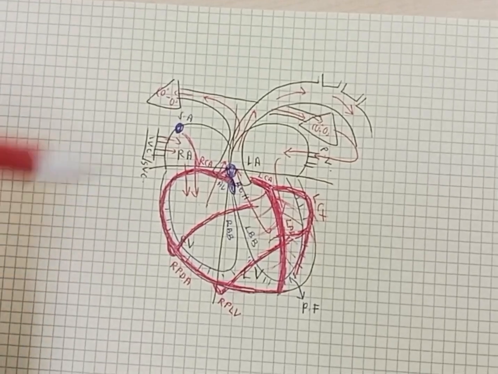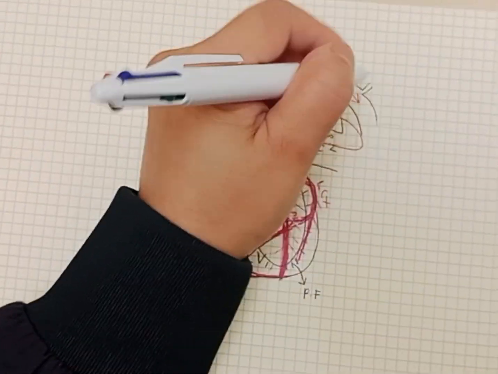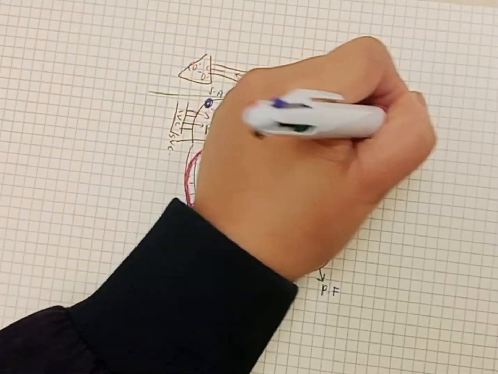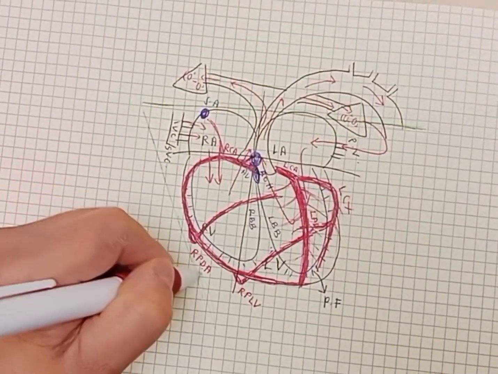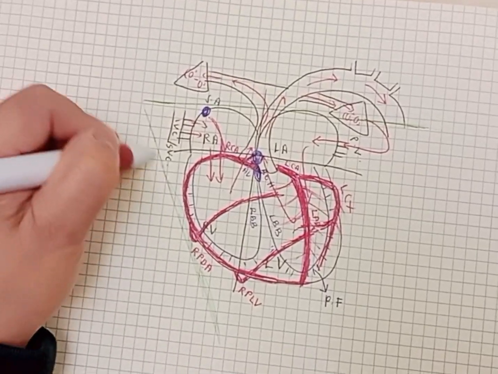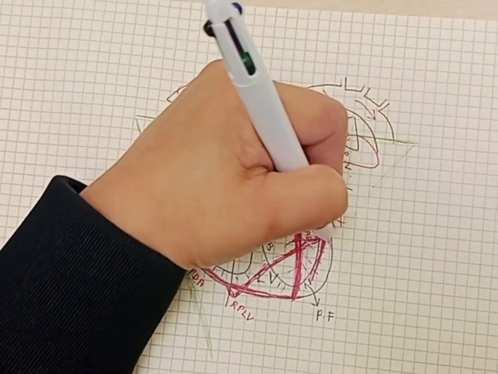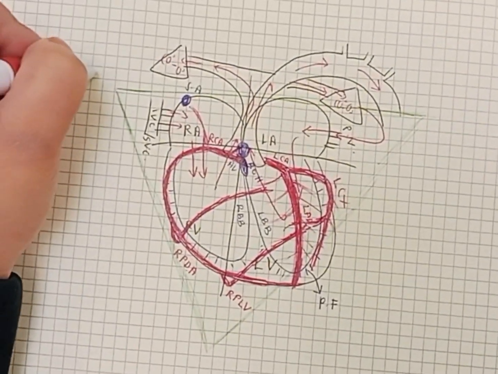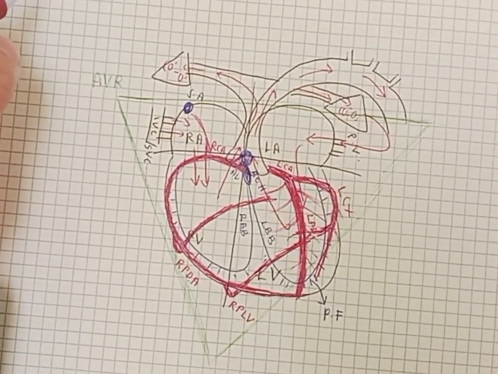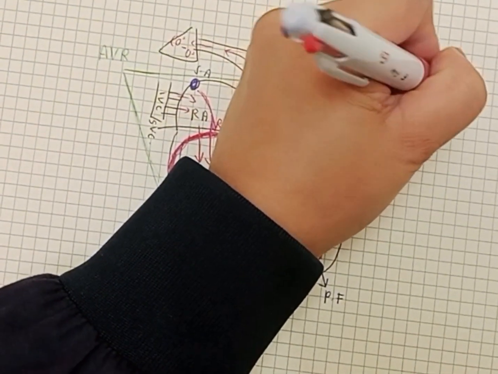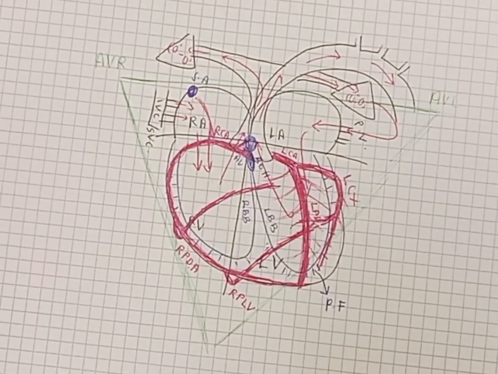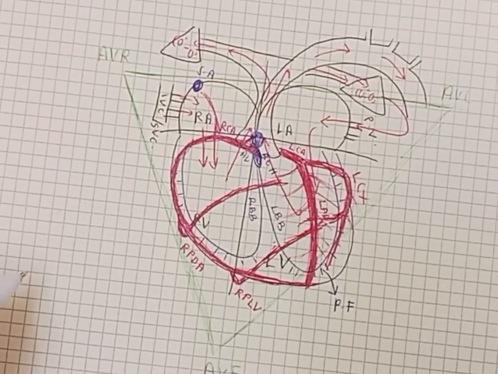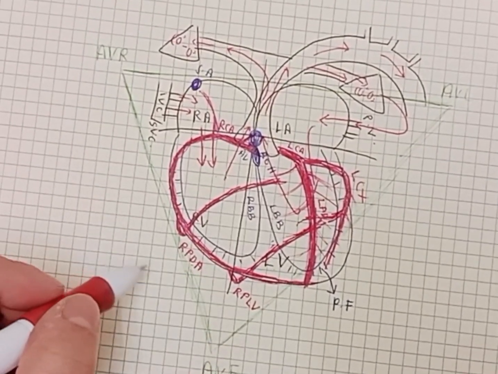So we have the 12 lead ECG, which we plot just like this. We put the aVR at the right side of our upper chest, the aVL at the left side of the upper chest, and aVF at the leg, or below the chest level, for the foot.